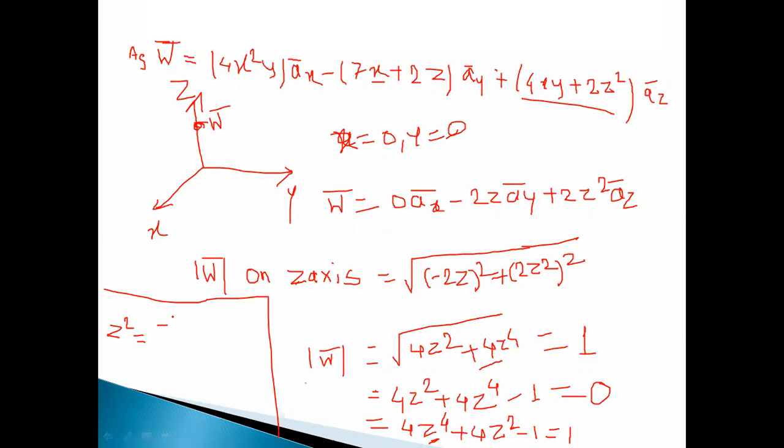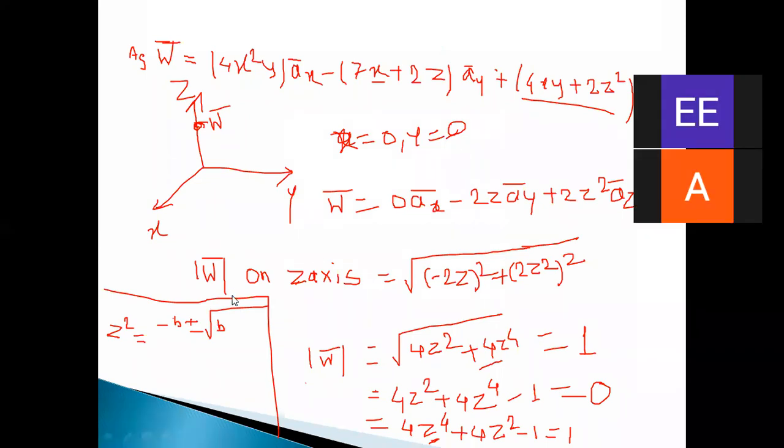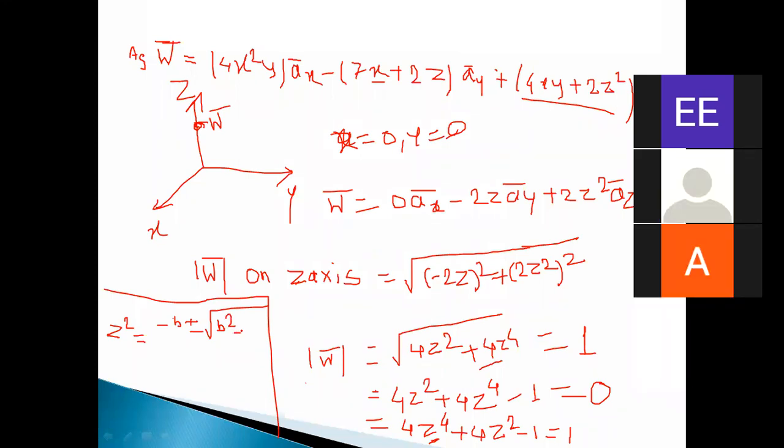It is equal to minus b plus minus the square root of b squared minus 4ac, divided by 2a. Correct.